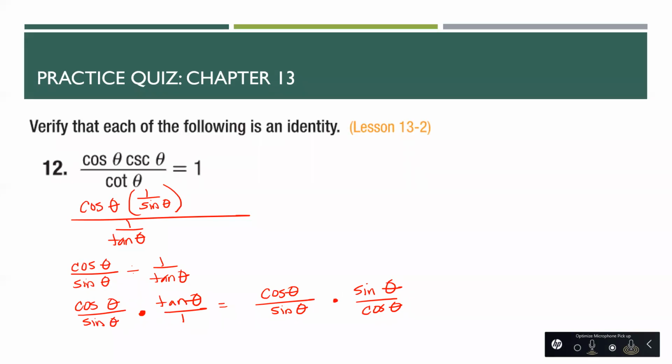At this point, I can cross simplify cosine theta over cosine theta, sine theta over sine theta. Well, I've got 1 times 1 is 1, 1 times 1 is 1, and 1 divided by 1 is equal to 1. So yes, this would be an identity here.